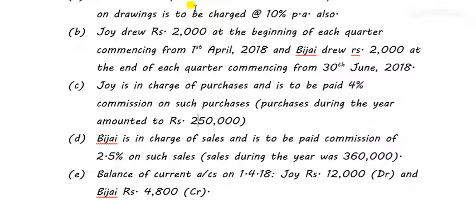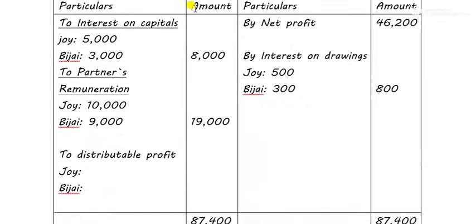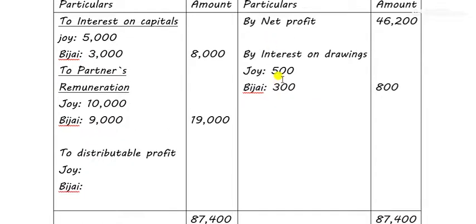Next, the percentage is 10%. Next, how many months? 7.5. So 2,000 into 4 into 10% into 7.5 divided by 12 is 500.